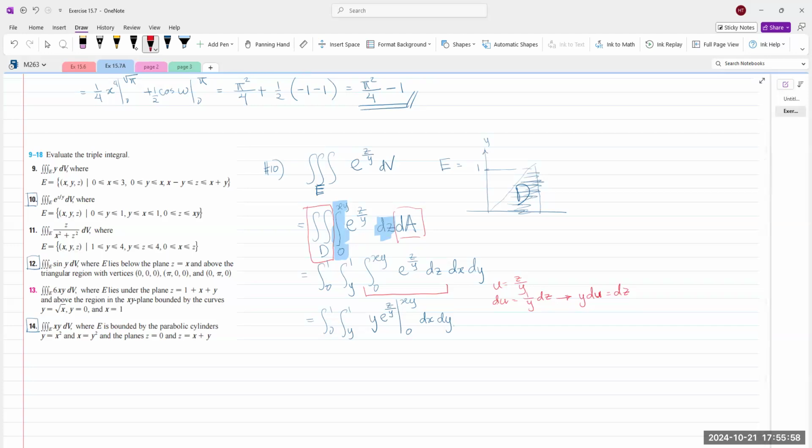Okay, now when I substitute that in, I replace that integral from 0 to 1, integral y to 1 of y (e to the x minus e to the 0, which is 1) dx dy, right? And then when we integrate with respect to x, I get integral from 0 to 1 of y (e to the x minus x) from y to 1 dy.